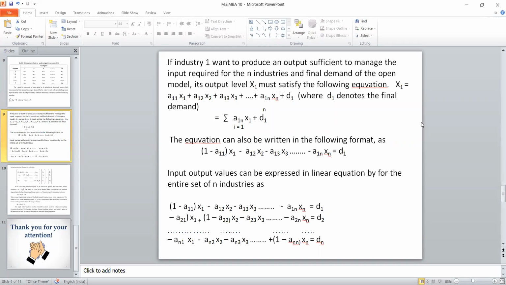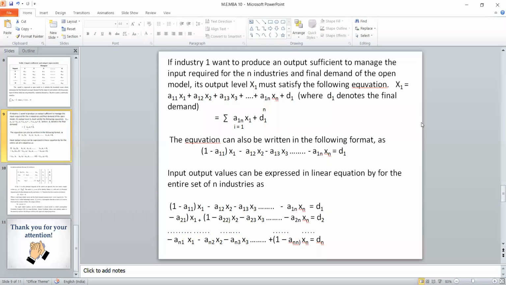N is 10. So 10 units of the first industry's output are used by the nth industry. That equation is represented as a linear equation equal to D1. D1 is the demand for the output of the first industry. Likewise, D2 represents the demand for the second industry, D3 the demand for the third industry, up to the nth industry.